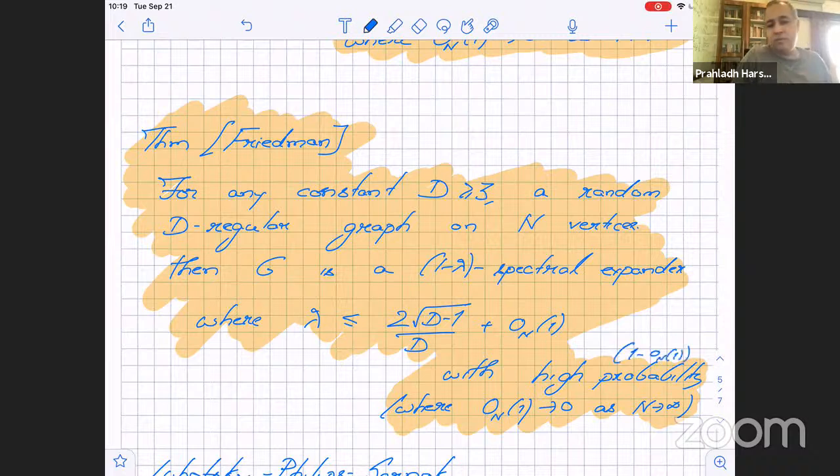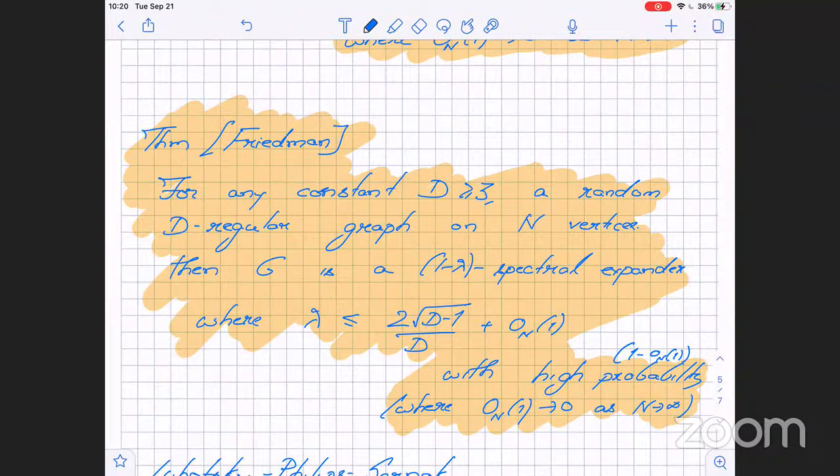So with high probability. So for every n, we'll state this. It becomes a nice statement only when n is large enough.